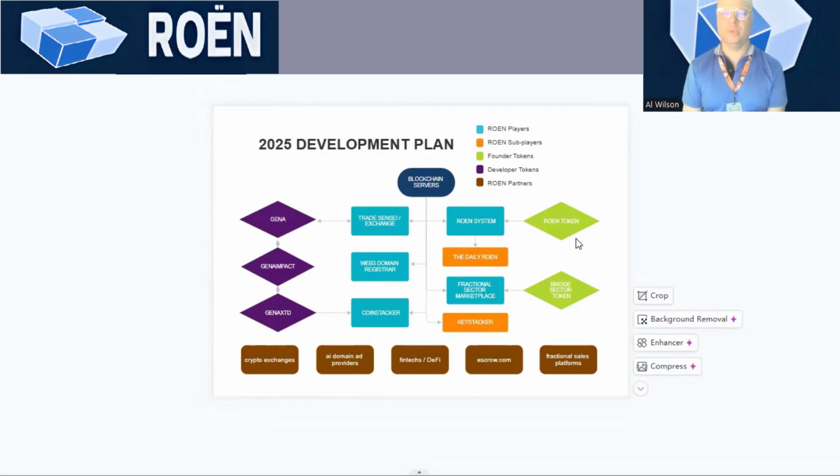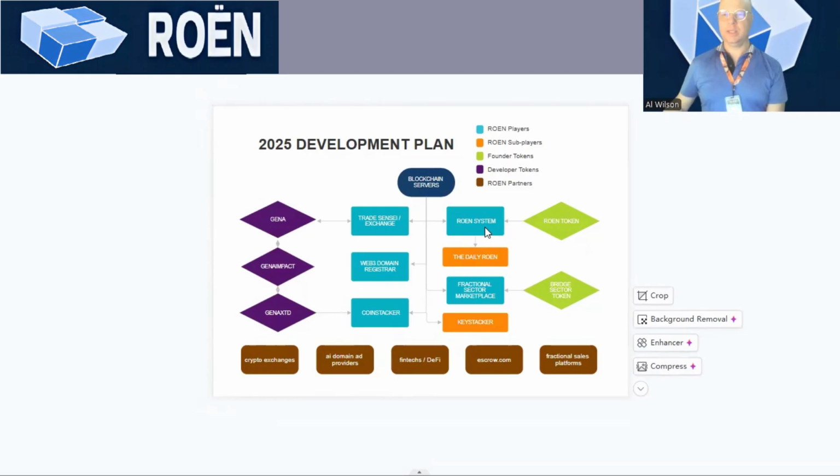Here we have an overview of our development plan for this year, and some of this has already been achieved. We have the blockchain servers and the nodes at the top, and this is where the IPFS is hosted with all the constituent domains, which are aggregated and comprise the Web3 blockchain storage system.